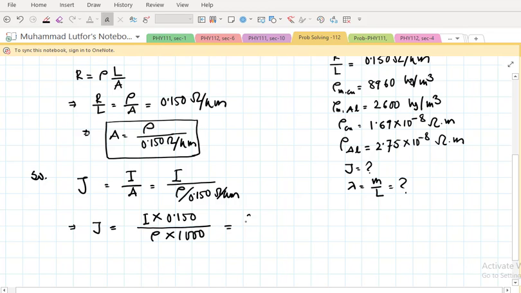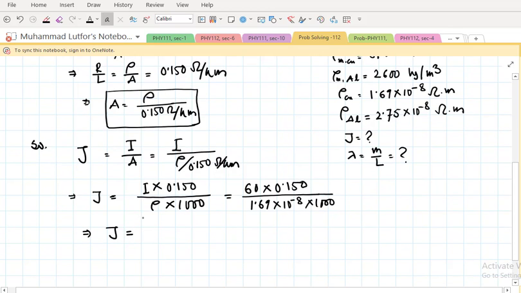Now if you plug in I is 60, 0.150, and the resistivity of the copper wire is 1.69 into 10 to the power minus 8 into 1000, then you will find J would be 5.32 into 10 to the power 5 ampere per meter square.